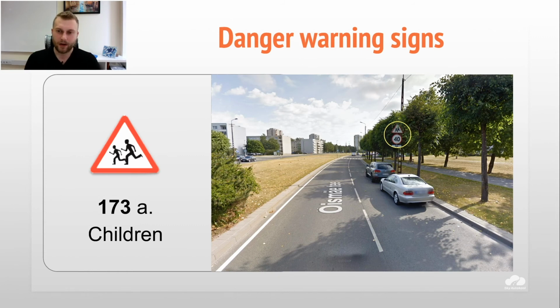So you have to be very careful in case of children coming onto the road or running on the road. Sometimes they play football or anything, and they can just run for the ball if the ball is on the road, and they don't even look at the cars in this case. So it's also very dangerous.